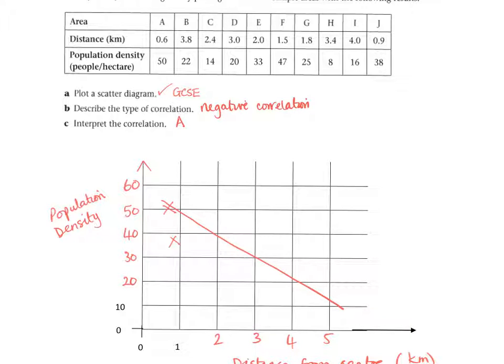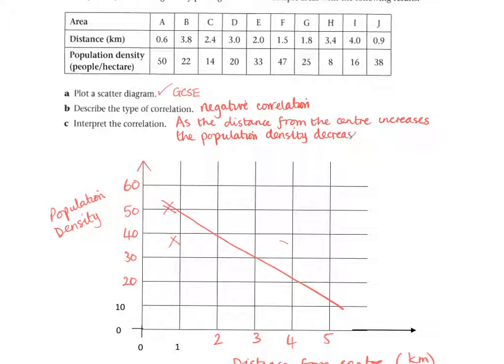So what you can say is, as the distance from the centre increases, the population density decreases. So that's really quite important. They might ask you that, well they will ask you that in an exam type question, is to be able to describe the correlation and actually explain what it means.